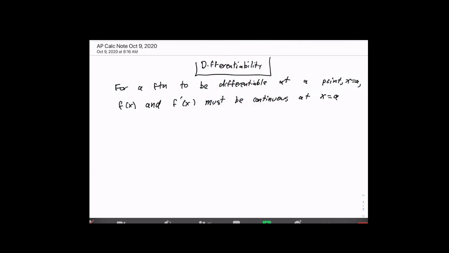Well, first off, this is something very important in calculus: whenever you hear the word differentiability, you should always be saying in your head, okay, differentiability implies continuity.